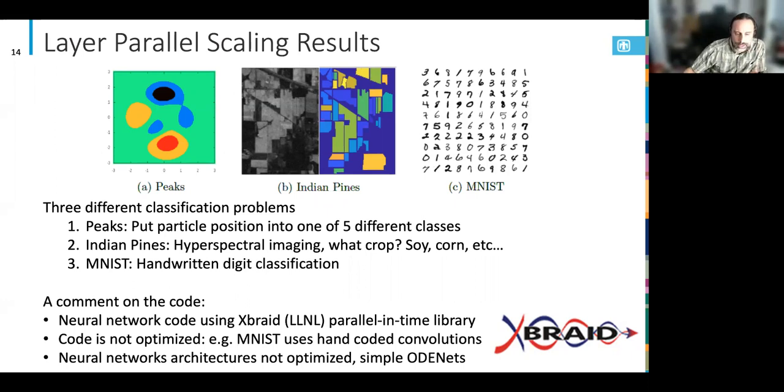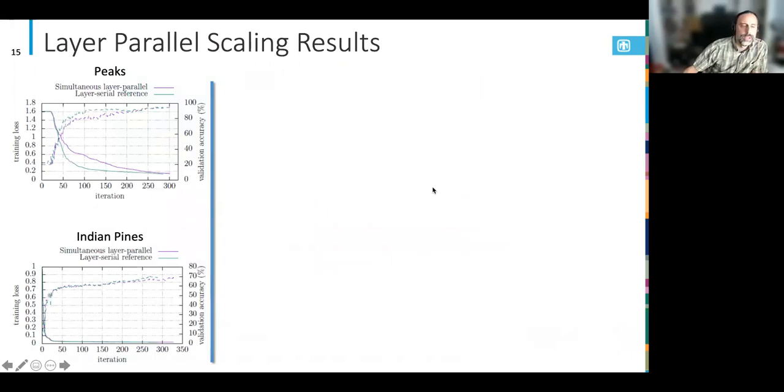All right, so for these 3 problems, what we have here is the training loss and the validation accuracy. The training loss here is the solid lines. The validation accuracy is these dotted lines, as a function of iteration, or epoch in this case. And here layer parallel is in purple and layer serial is in cyan.